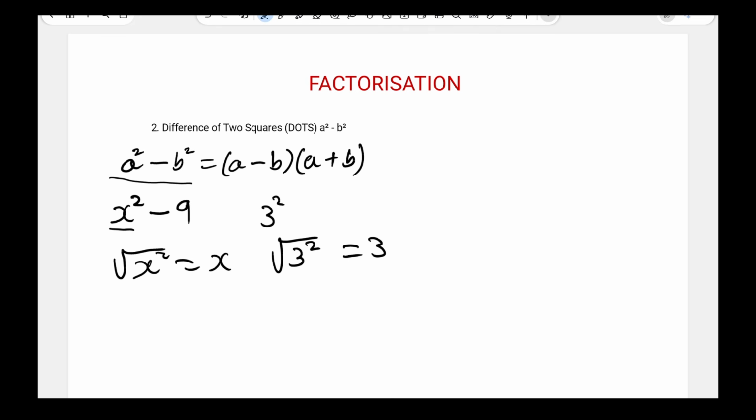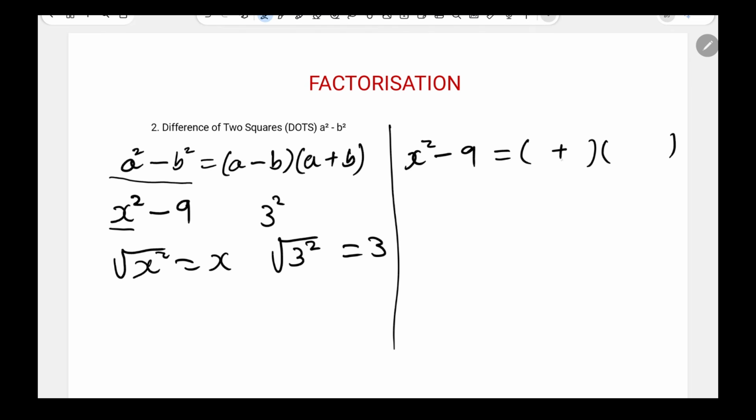So we will solve it like this. We will write 2 brackets. One bracket gets a positive sign, one gets a negative sign.